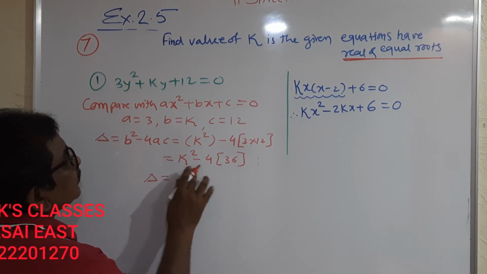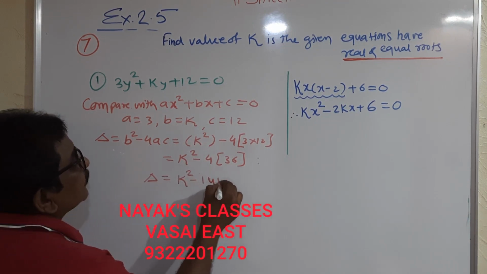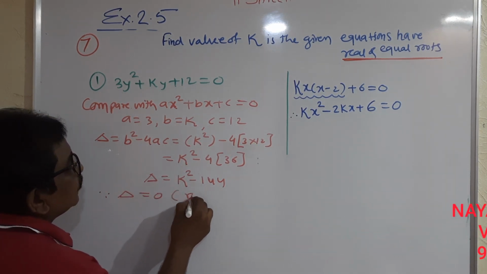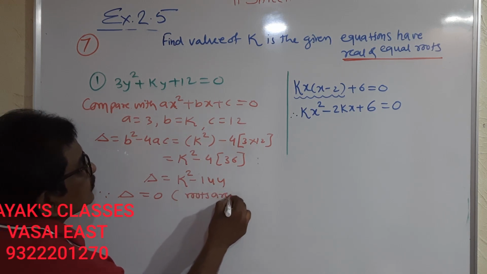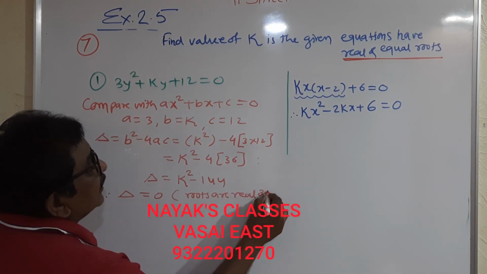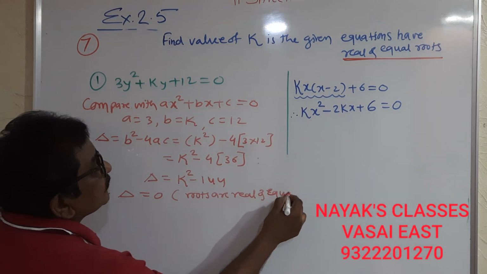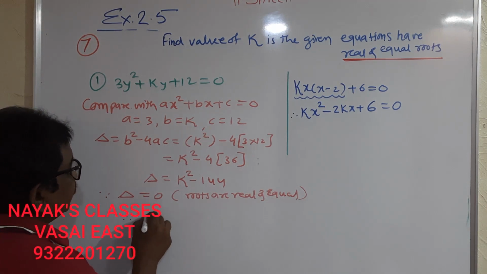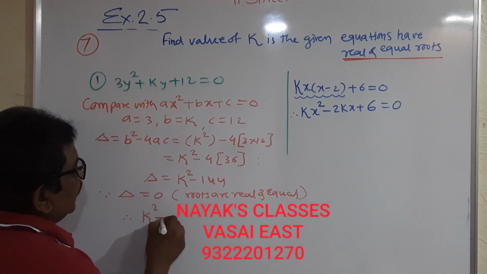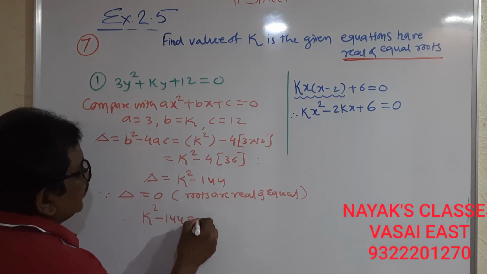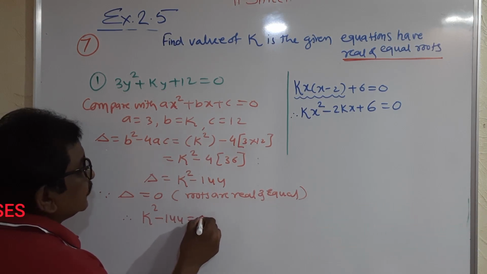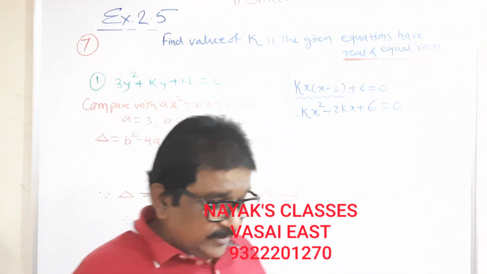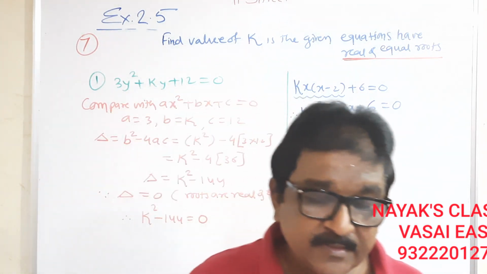Delta is equal to k square minus 144. Since delta is equal to 0, roots are real and equal. Therefore, k square minus 144 is equal to 0.